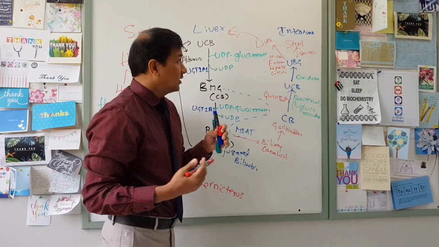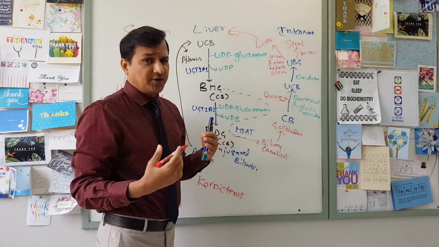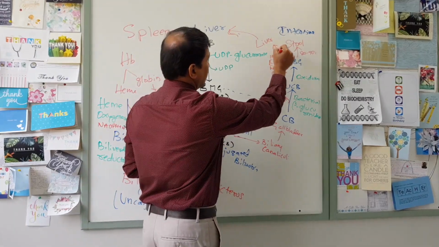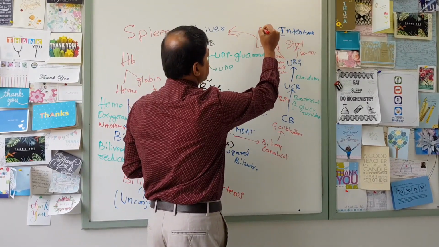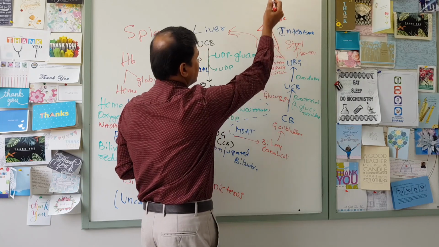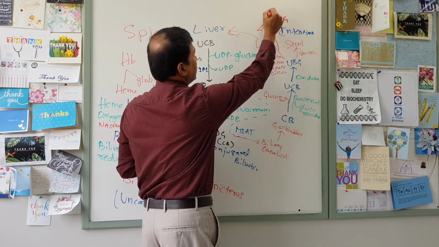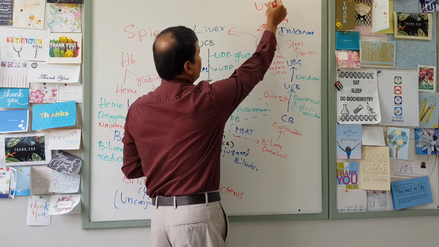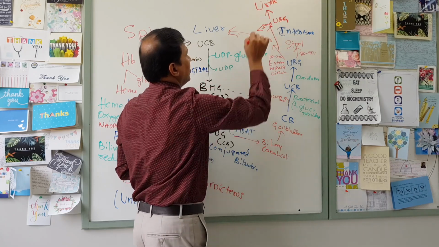In that 10 to 20%, some amount of that urobilinogen, around less than 3 milligrams, enters into systemic circulation and it will get into urine. It will be filtered by the kidney and into urine.